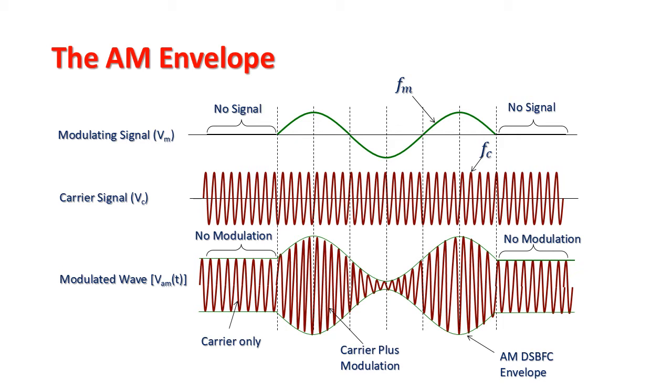If a modulating signal Vm is superimposed on a carrier signal Vc using the process of amplitude modulation, an AM modulated wave will result. With no modulation, the amplitude, as well as the frequency, are both constant. With modulation, the amplitude of the carrier varies in accordance with the modulating signal. The frequency is still a constant value.